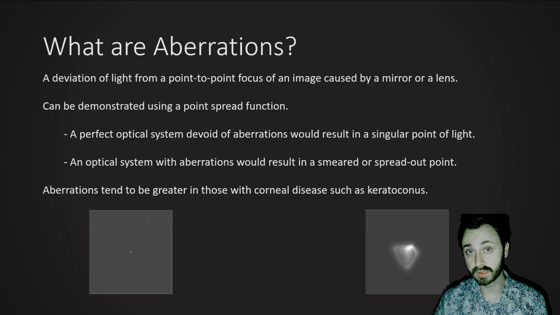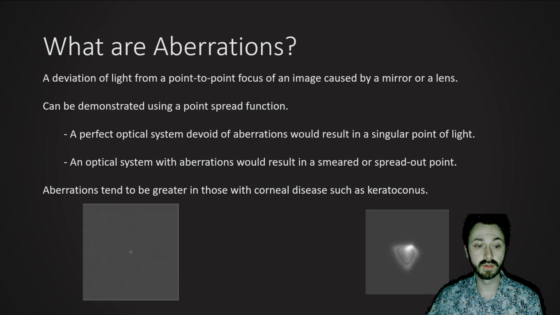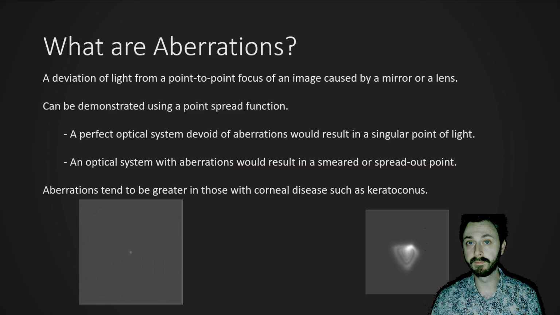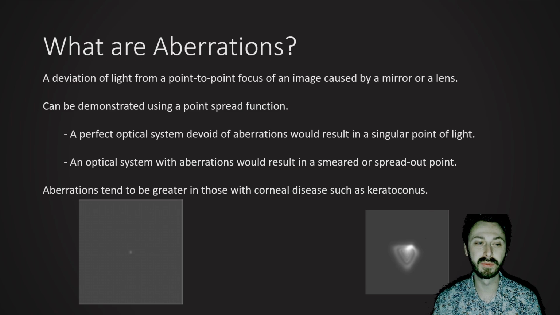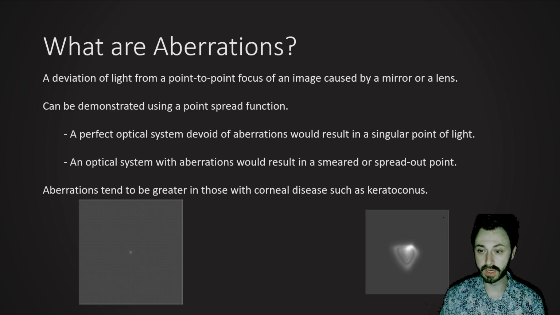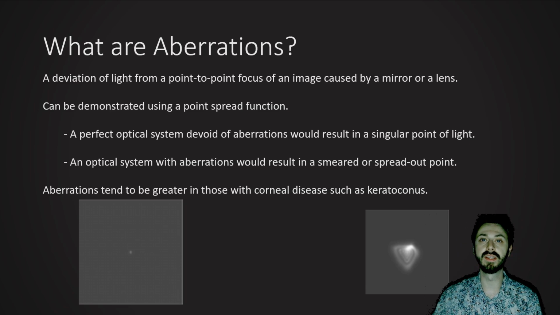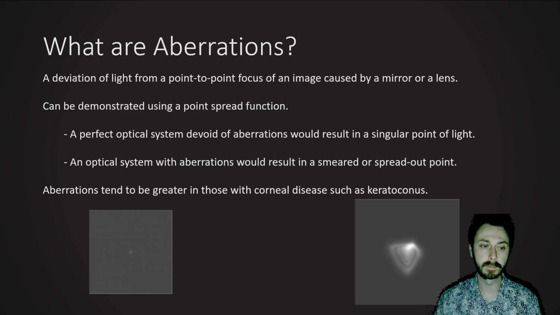If we have a perfect optical system that has no aberrations at all, on the other side you'll see just a regular point of light. This is theoretical in nature. This doesn't exist outside of pretty much algorithm demonstration purposes. A true optical system with aberrations present is going to result in a more spread out point of light.